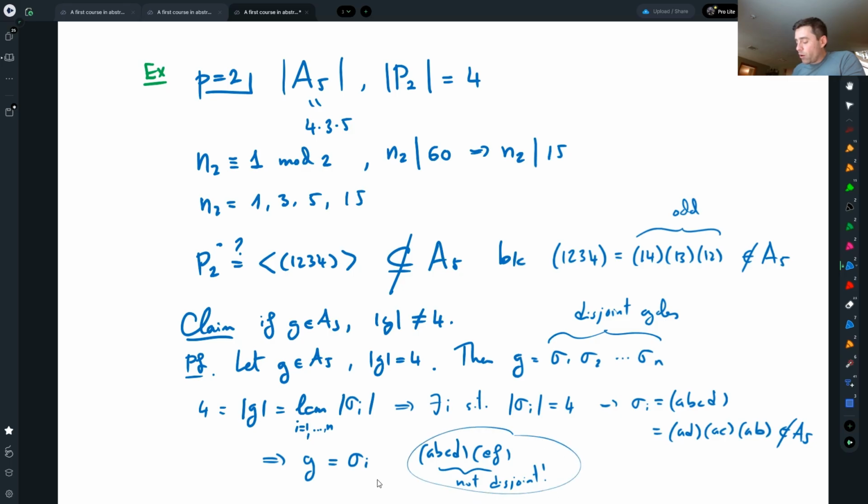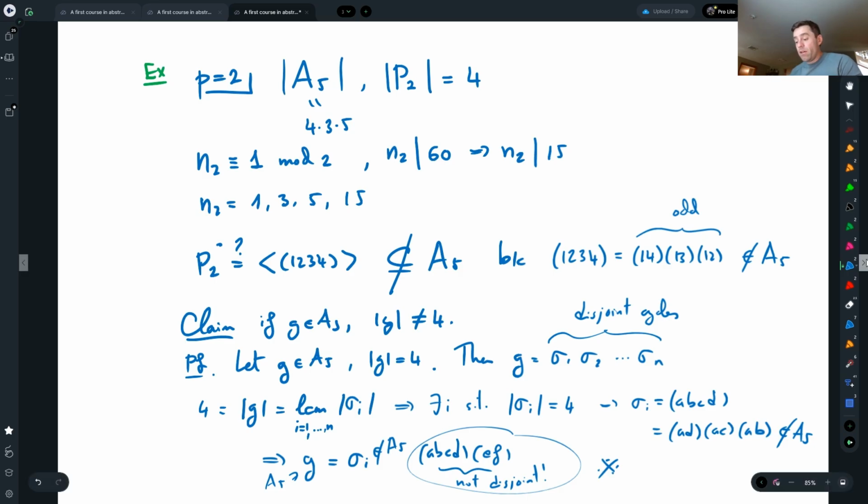So that is a contradiction, which implies that g itself would have to be this cyclic element of order 4, but this is not in A5, and this was supposed to be in A5, and that's a contradiction. So there cannot be an element of order 4 in A5.